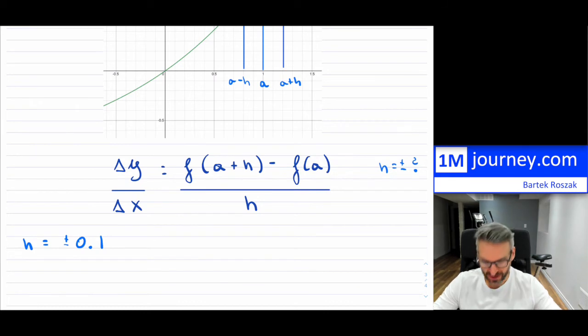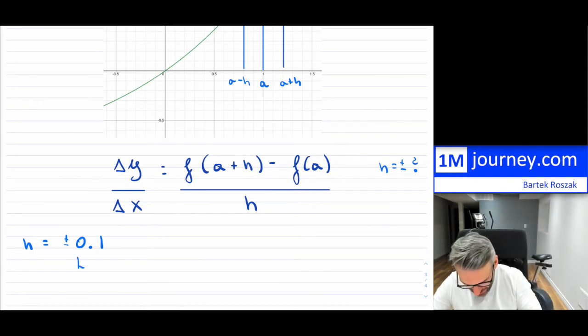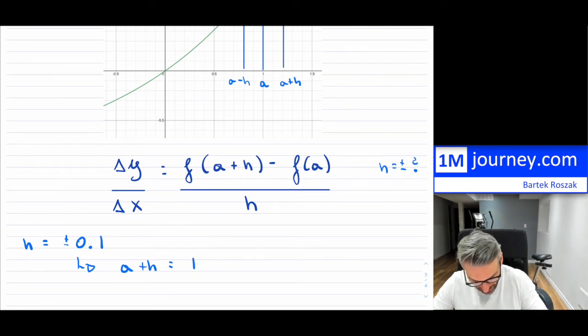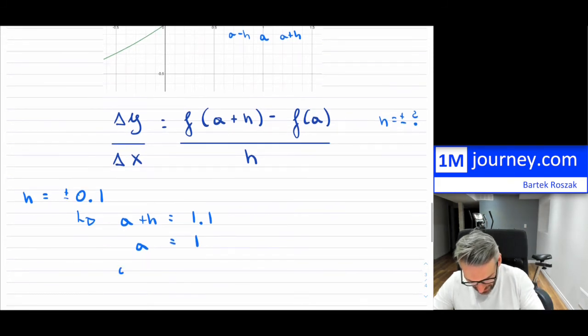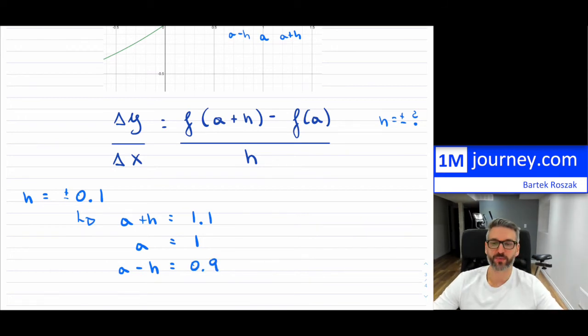So what happens in that case? Well, a plus h, taking the positive amount, would be 1 plus 0.1, which is 1.1. So a is going to be 1. And then if it was negative, this would have been 0.9 because we just took away 0.1.